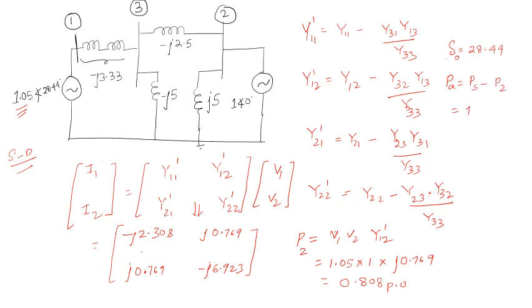PS was 1, the mechanical power, and P2 will be 0.808. So you put the value of sine delta, and you will get the accelerating power, I think 0.615 per unit. Put the delta here, you'll get it.